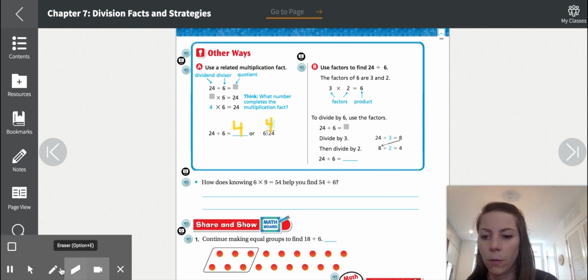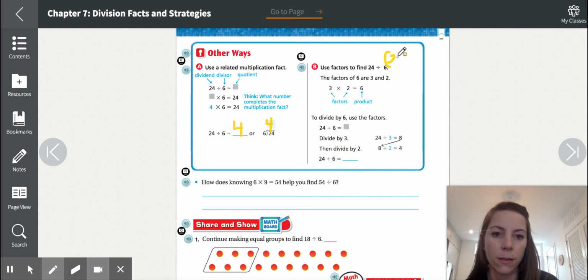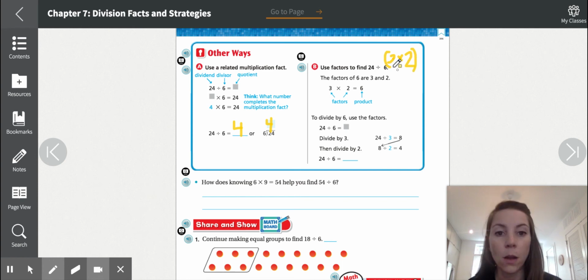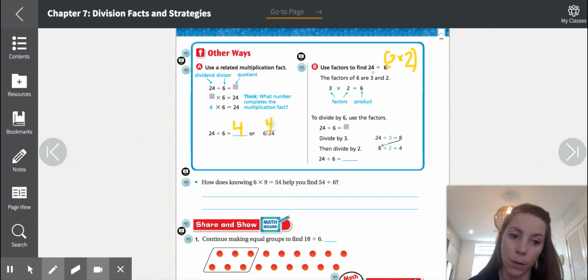We can write it more like this. 3 times 2. It's kind of a little bit like the distributive property, but not exactly. But anyways, we're going to do 24 divided by 3 and then take that answer and divide it by 2.